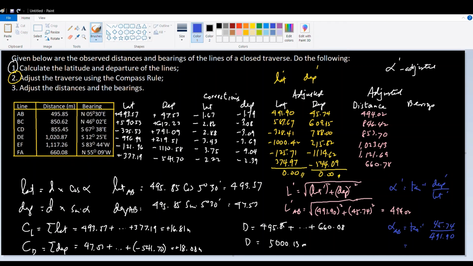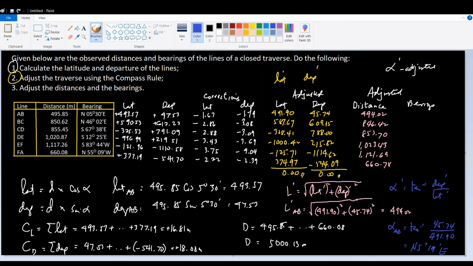And that should be 5 degrees 19 minutes. And what is the direction? Northeast. So we do that for the other five lines.